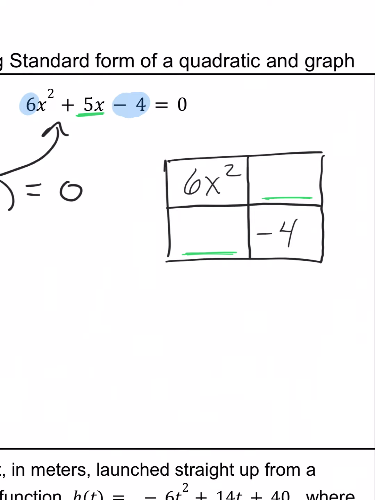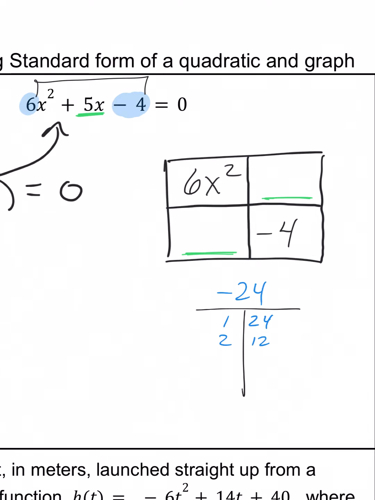The way we're going to create 5x is by, we want to multiply 6 and negative 4. We want to take the factors of 6 times negative 4, that's negative 24, and the sum has to be 5. So let's take a look. We have 1 and 24, the factors.